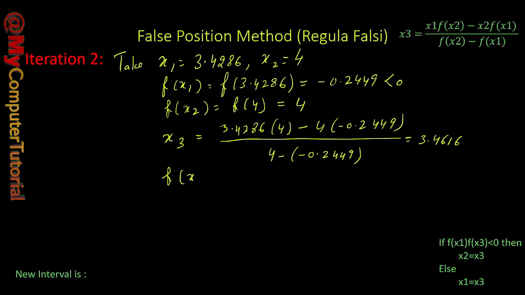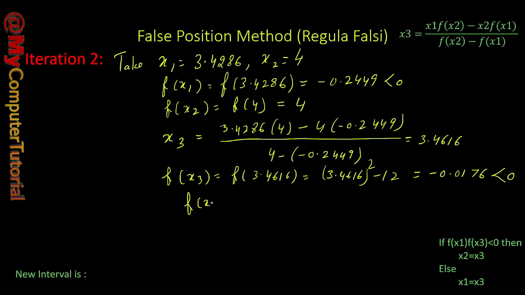You need f of x3, that is f of 3.4616, which is 3.4616 square minus 12, and which comes out to be minus 0.0176, which is less than 0. So f(x3) is less than 0, f(x1) is less than 0, and f(x1) into f(x3) is greater than 0, because both are less than 0.